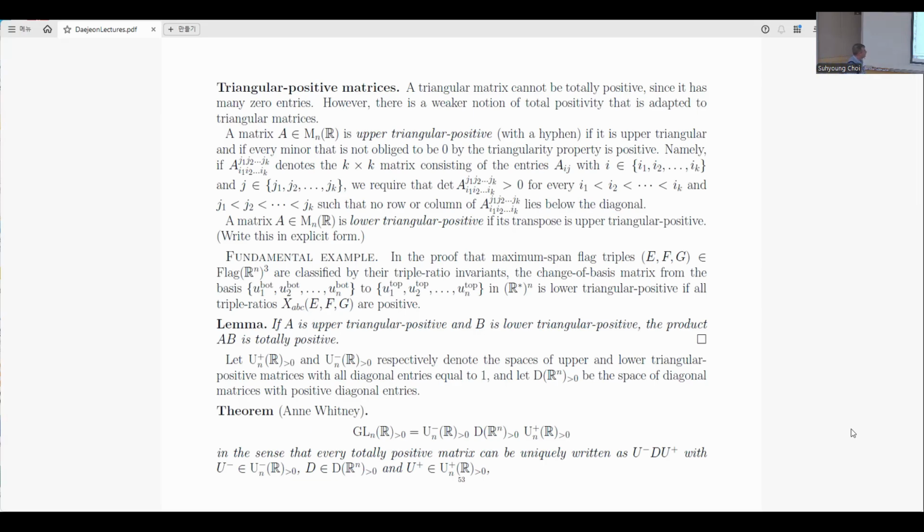Okay, and then there is a notion of lower triangular positive. Same. An easy way to say it is that the transpose is upper triangular positive.